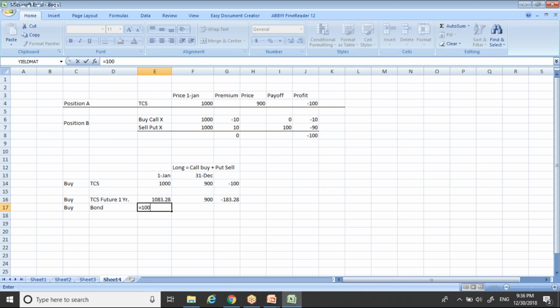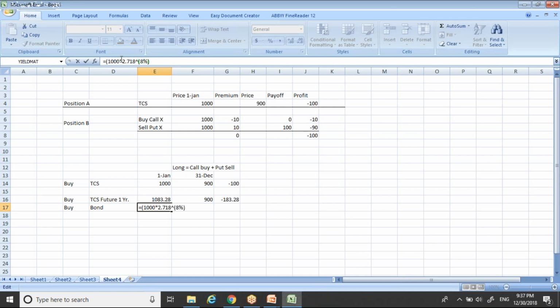So bond price is, let's suppose, 1,000. Now you have to get the interest. So that is into exponential, 2.718 raised to the power time, that is 8%. Now, so I have to minus 1,000 also.